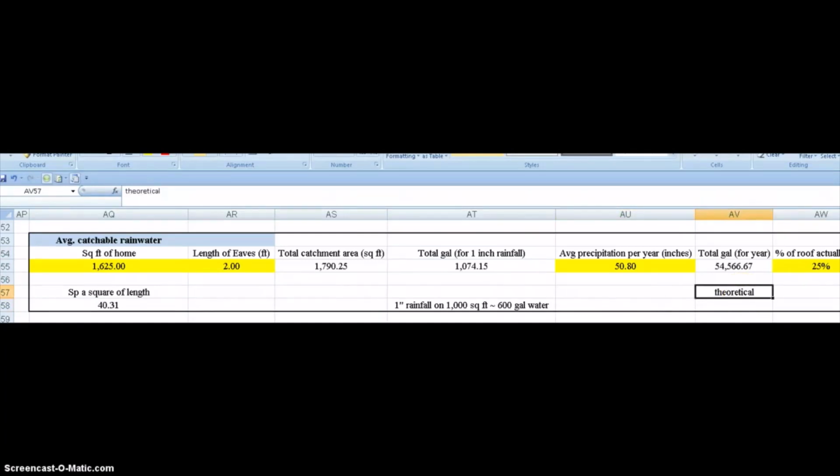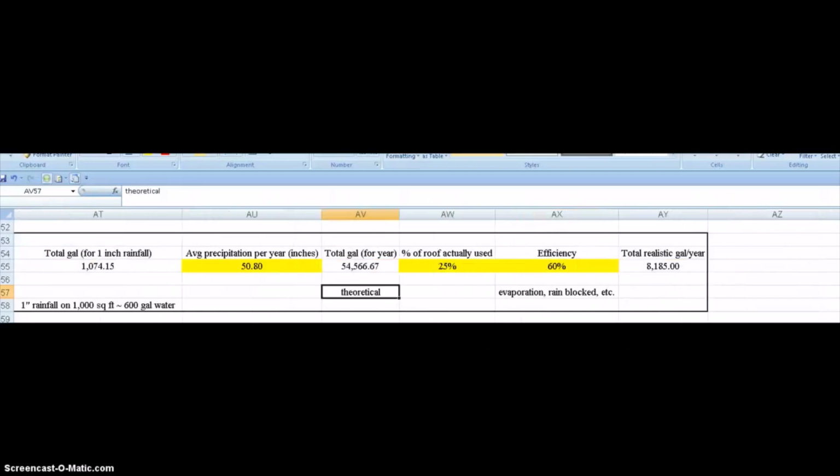You also want to consider the percent of the roof you actually use. I don't have rain barrels attached to every gutter downspout that I have. In fact, right now, I only have a rain barrel attached to one. The other rain barrel I simply have out by the garden. I might get another one in the future also.